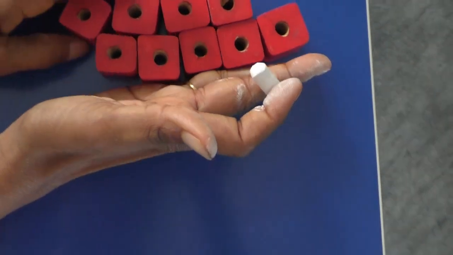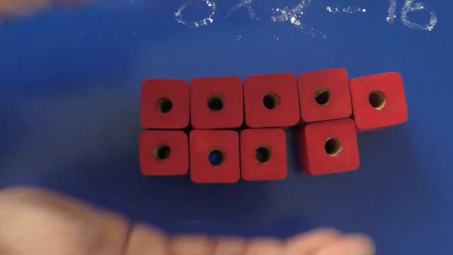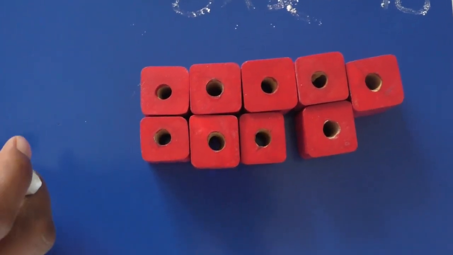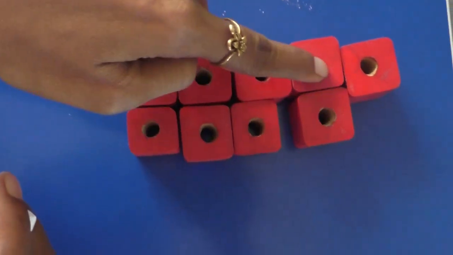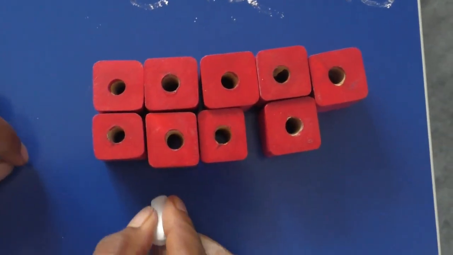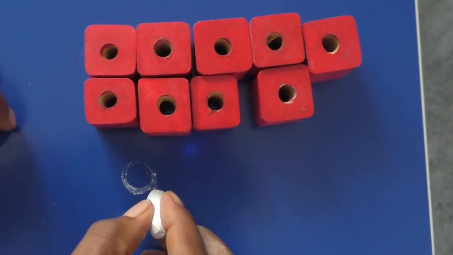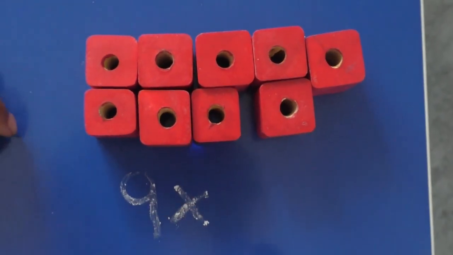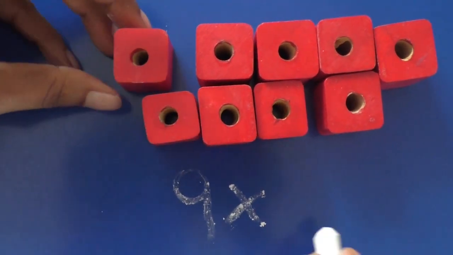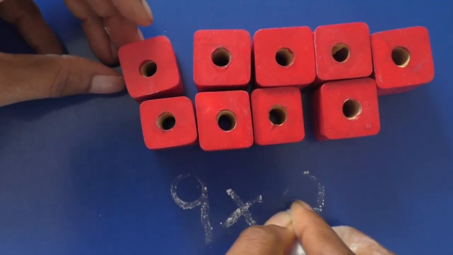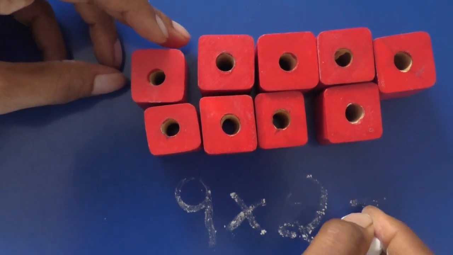Now we have 9 beads. So 1, 2, 3, 4, 5, 6, 7, 8, 9. 9 groups into 2 holes in each bead. So 2.